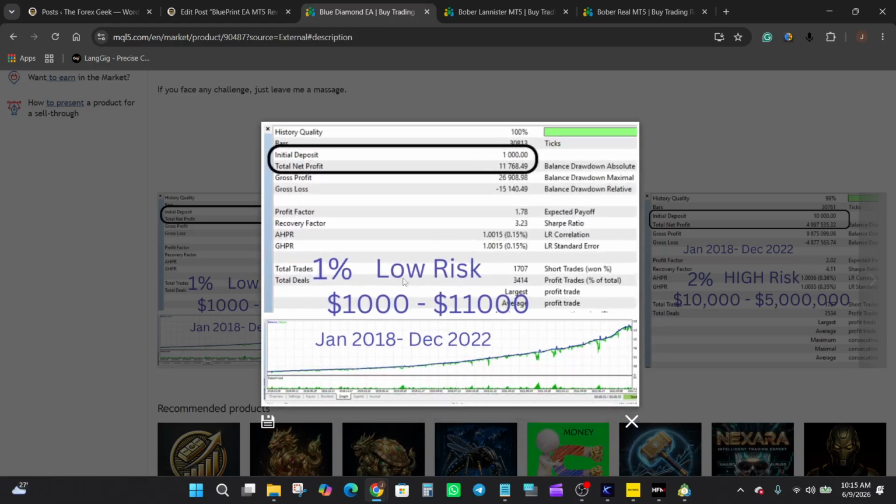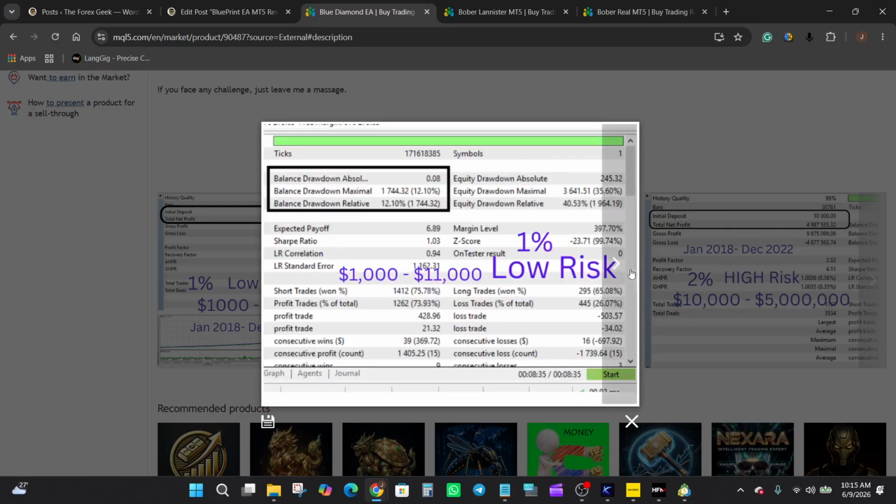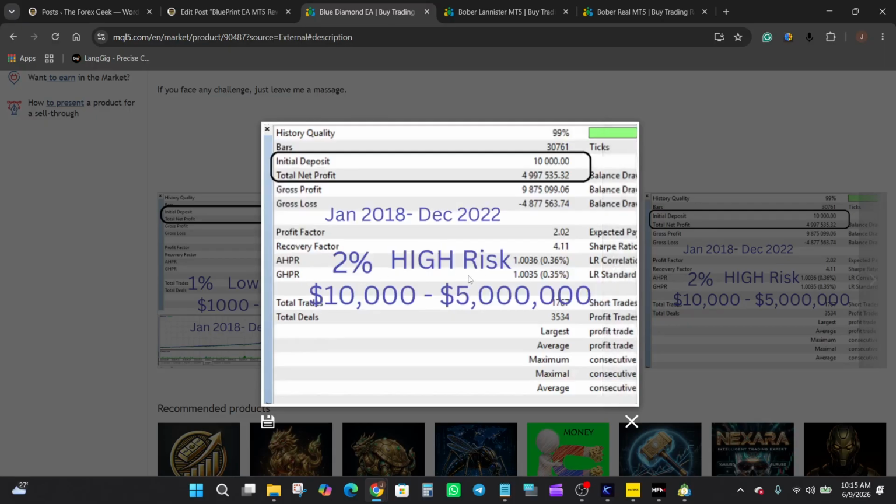So the 1% low risk from January 2018 to December 2022 turned $1,000 into about $11,768, and the 2% high risk turned $10,000 into almost $5 million, about $4,997,000.